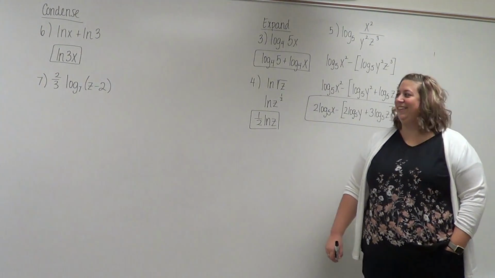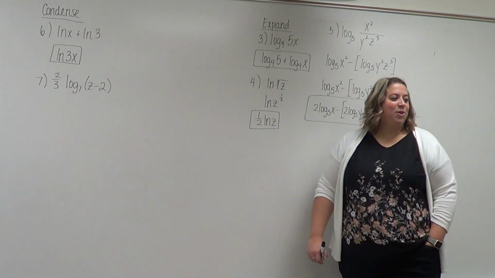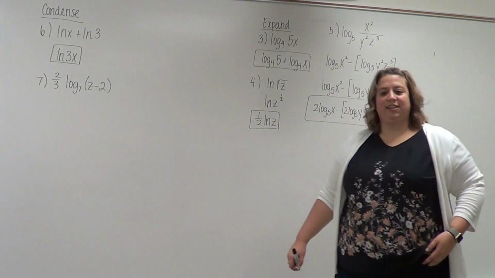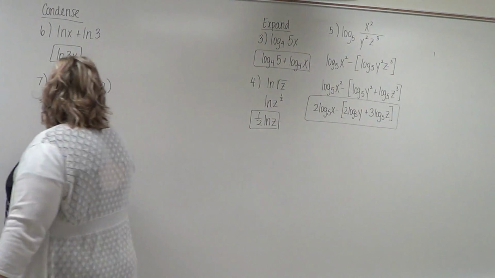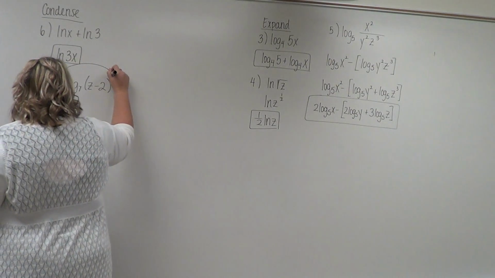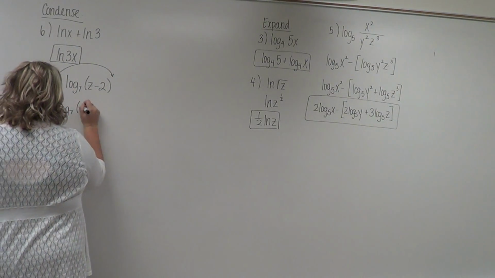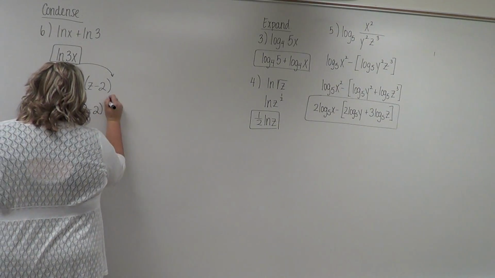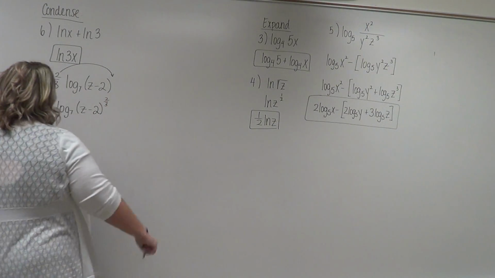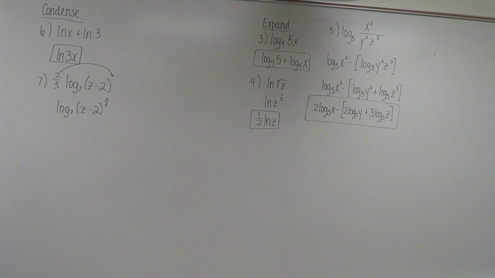Okay, what do we do with the numbers in front? They go on as exponents. Okay, you can't have fractions in the exponents, so we're going to have to make this simplified.